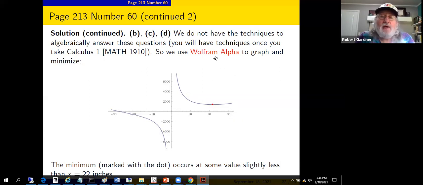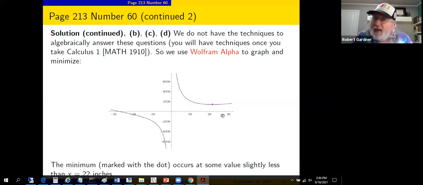They ask us to guess, based on this graph, what the minimum is. In fact, I think Wolfram Alpha probably tells you this. It has a minimum somewhere over here. Hard to say. It looks like it's a little bit bigger than 20. 22 is right here.